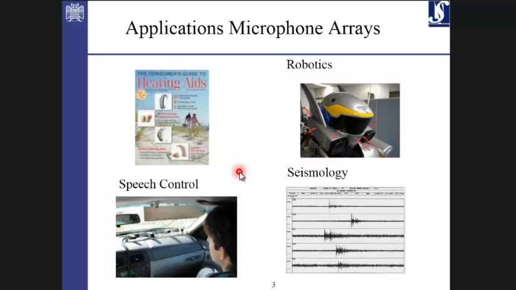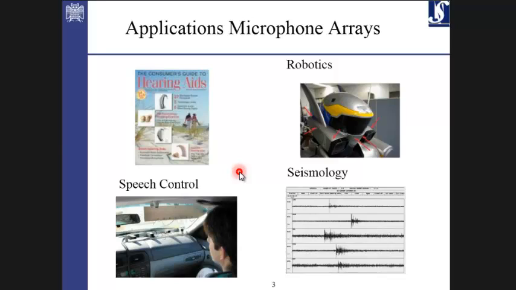One of the most prevalent and most useful ones in the case of medical applications is the hearing aids. People who have problems with hearing can use hearing aid systems with multiple microphones deployed inside.